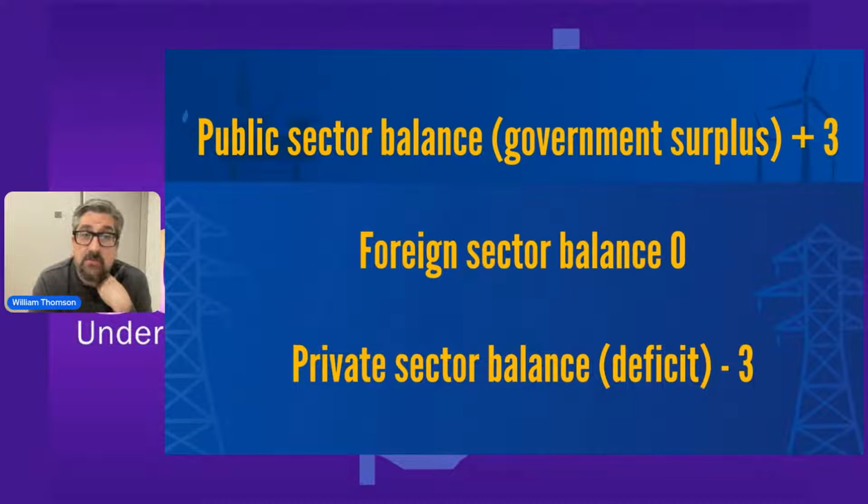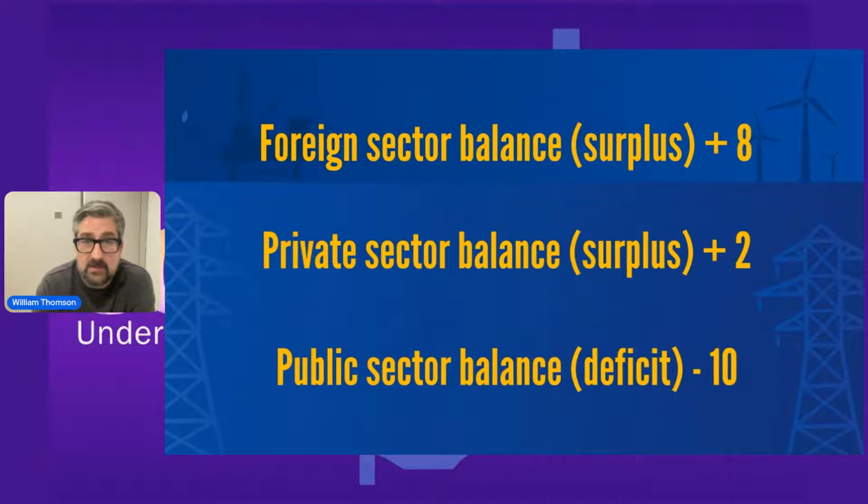That plus must come from somewhere. You can change around these numbers, and we'll do that a little in the presentation, but this is the fundamental impact of this analysis: if the government's in surplus, that surplus has to be someone else's deficit. And if the foreign sector is in balance, then it must come from the private sector.